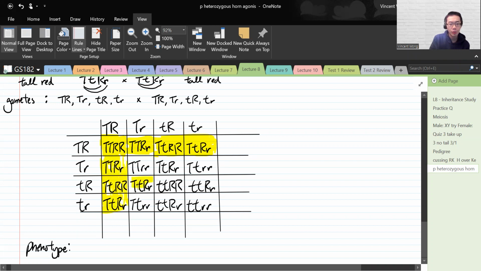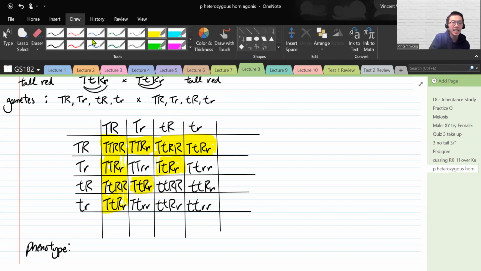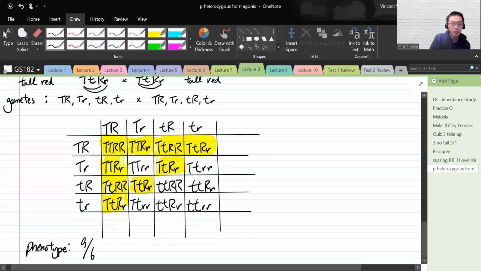Okay, there is another tall and red. There is another tall and red. So that's 1, 2, 3, 4, 5, 6, 7, 8, 9. 9 out of 16 are tall and red. Okay, those are the yellow ones.